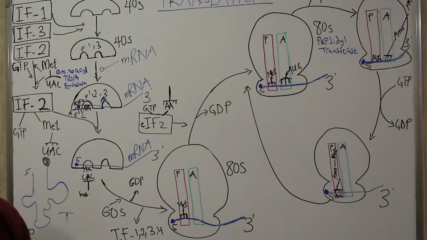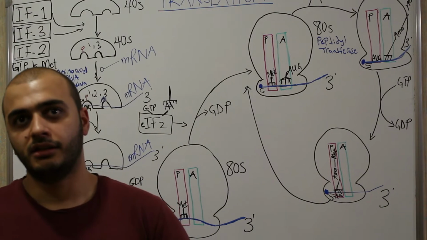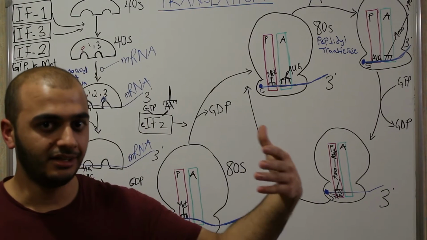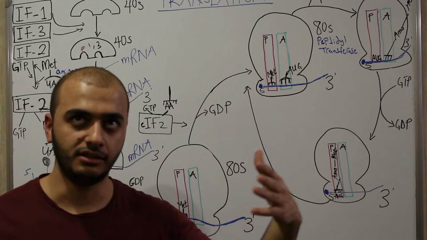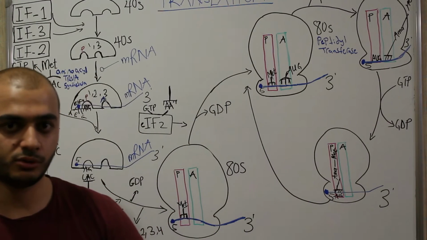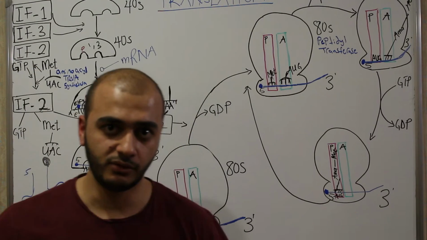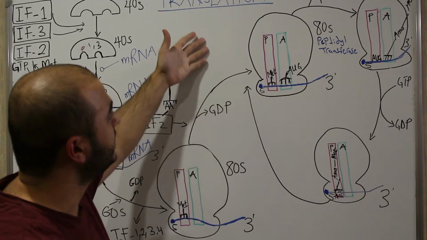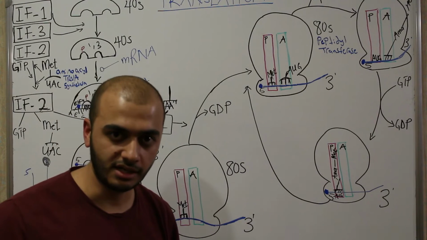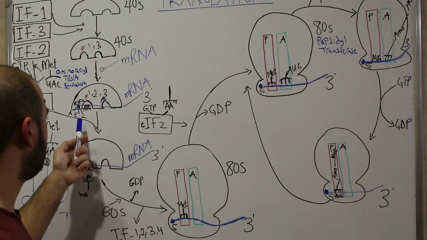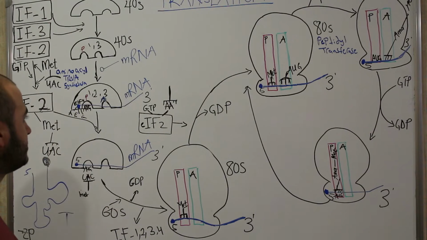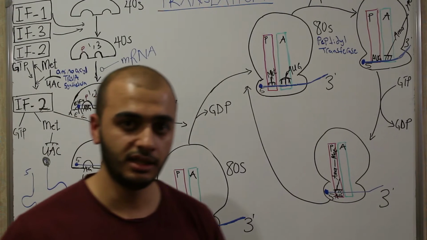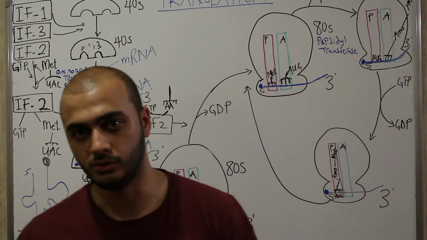This is called degeneracy, which means that different codons can code for the same amino acid. For example, serine: there are 6 codons that can be translated to serine. The only exception is methionine. Methionine has just one codon, while serine and others have more than one codon.